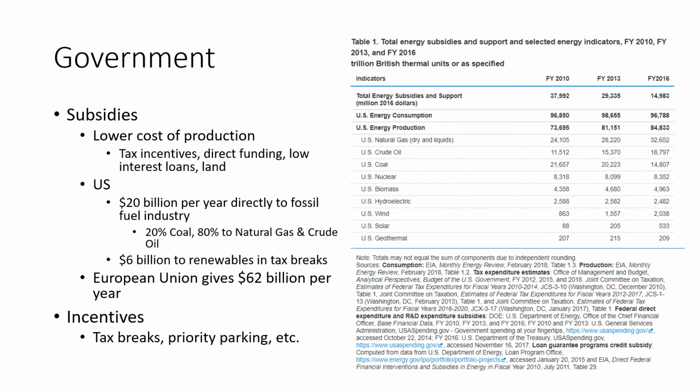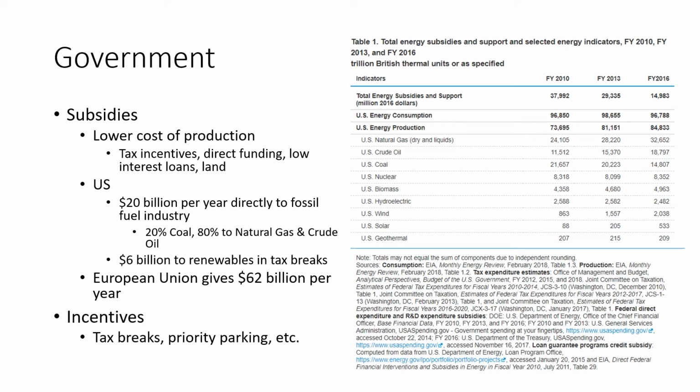If they give subsidies to the fossil fuel industry, like here in the US, the government gives $20 billion directly to the fossil fuel industry, whereas on renewables, they don't actually give money directly necessarily, or not a lot, but most of the money that they give renewable energy companies is through tax breaks, and it's only about 6 billion. So imagine if that were flip-flopped, right? If you have the money, you're going to be able to keep going with your technology.